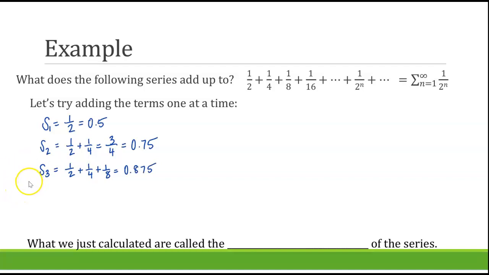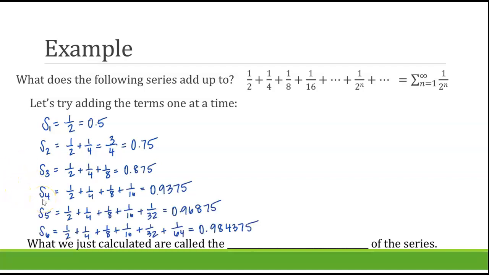Let's take a look at a few more. Here I've written out S sub 4, adding the first four terms. Turns out that's 0.9375. S sub 5 is 0.96875. At S sub 6, 0.984375. And of course we can continue on.